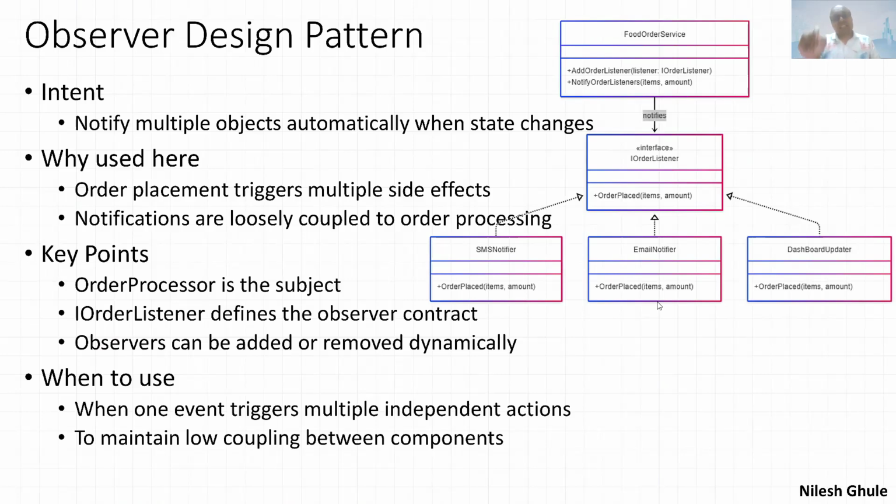And as I said, this can be implemented very well in .NET using events. In this particular case, when event triggers, multiple independent actions can be executed, and to maintain low coupling between these subject and actual action components. This explains the observer design pattern. This is one of the very useful design pattern, very commonly seen in typical GUI applications of .NET.